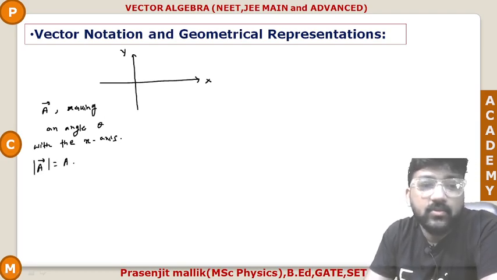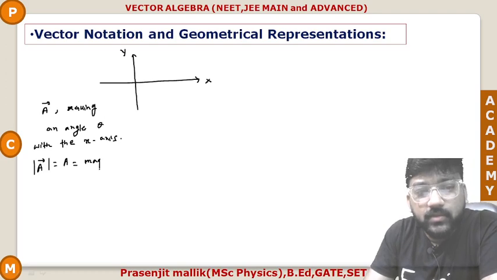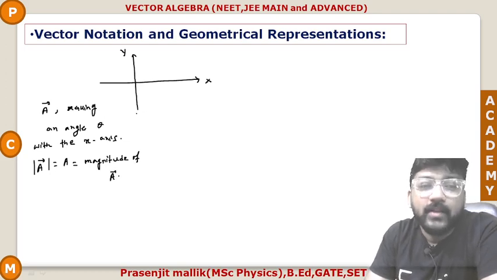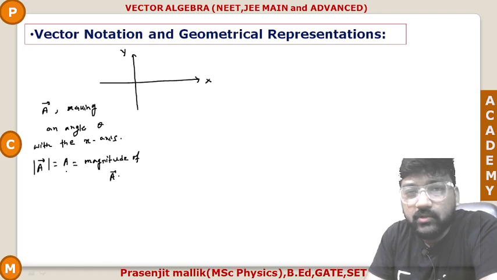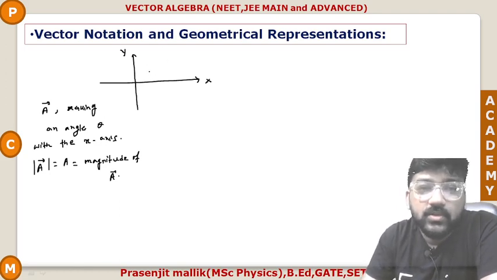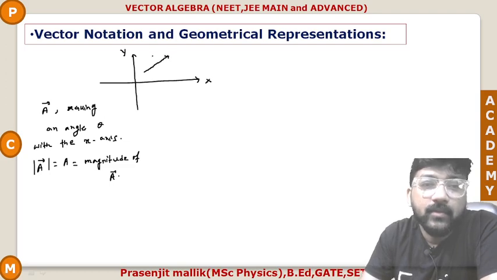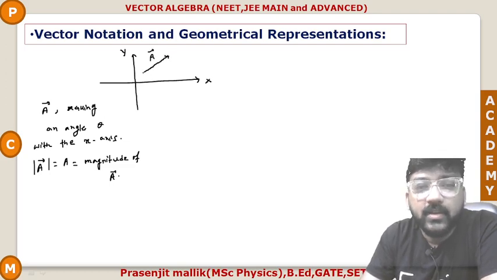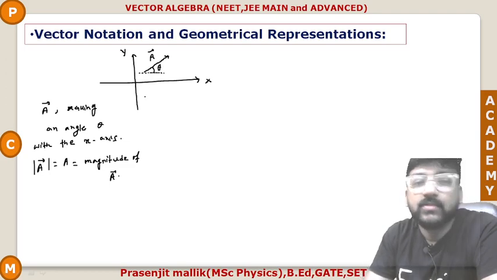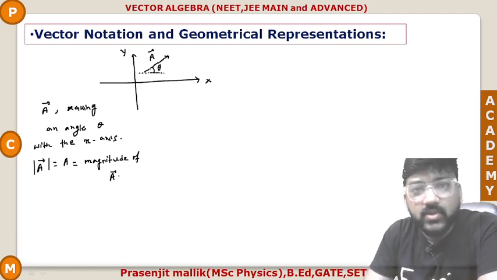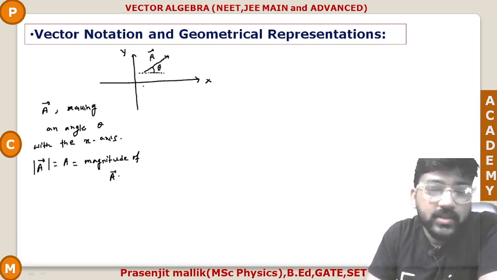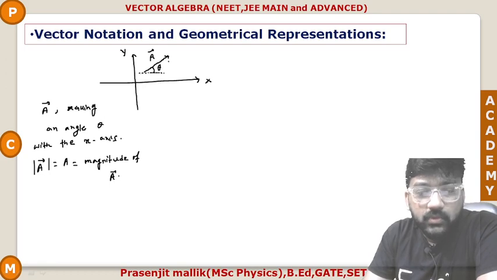This denotes the magnitude of the vector, and the length of the line should be equal, or proportional, to this. So suppose this is vector a, something like this, making an angle theta with the x-axis. This is how we can represent a vector in general in an xy plane, that is, in a geometrical plane.